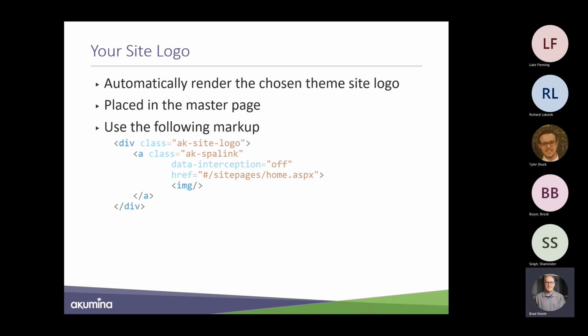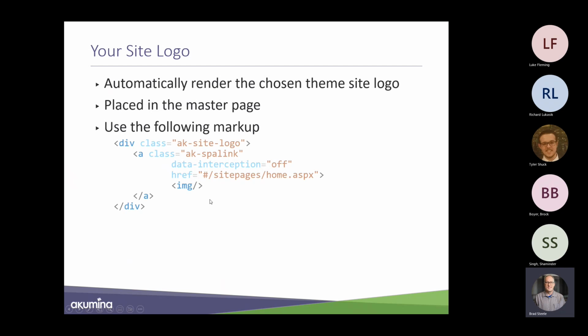All right, so two things that I want to talk about. One is some automatic functions. One of the page load lifecycle steps will insert the site logo that you have configured in your theme into your site. And all you have to do is have a div with a class of ak-site-logo and an image tag inside it. As long as you have that div with an image tag inside it, the source for your configured site logo will be inserted.